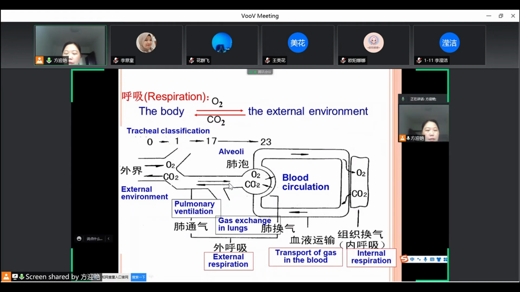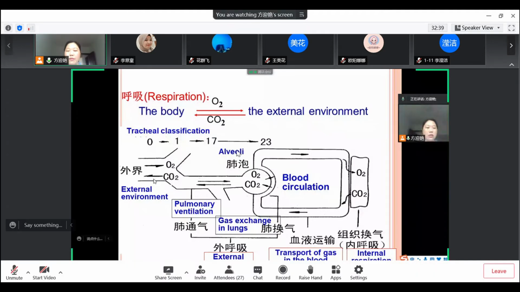Then what is the direct force needed for the gas movement? Pulmonary ventilation means the process of gas exchange between the lungs and the external environment, which also means gas movement.